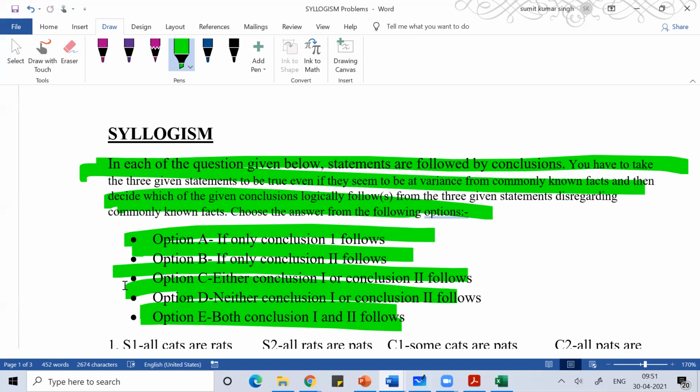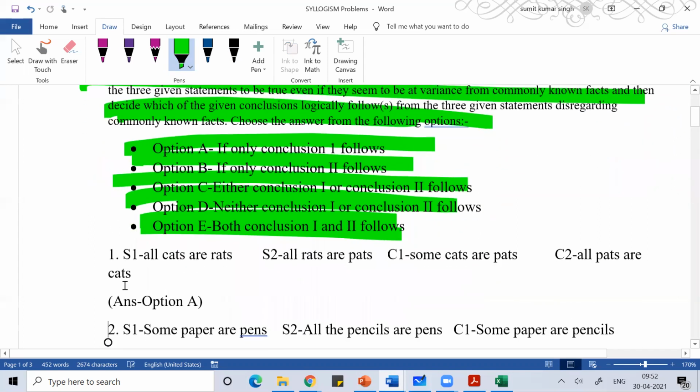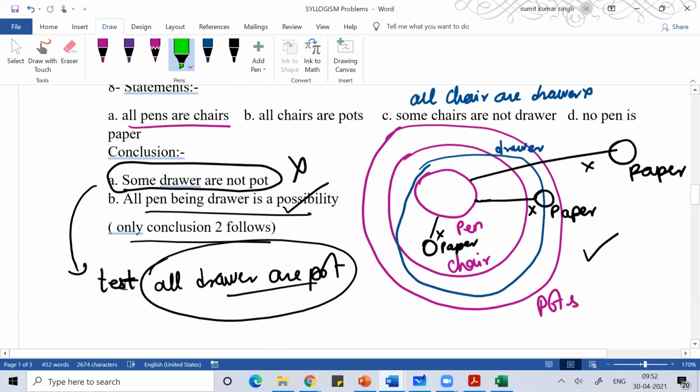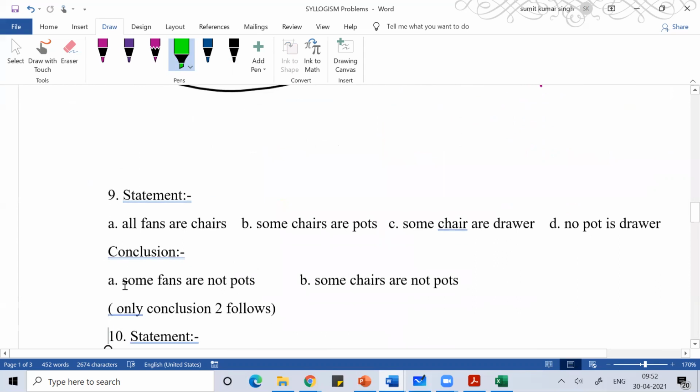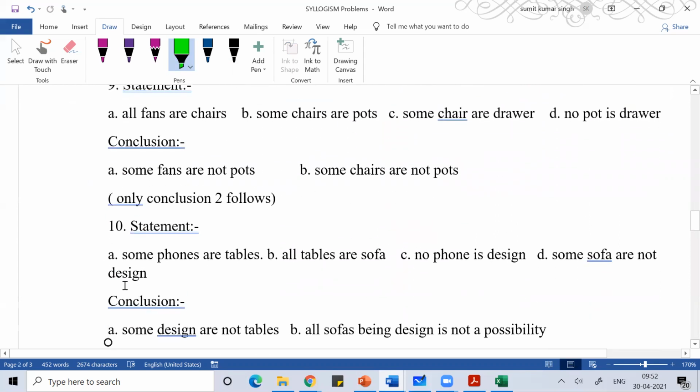Or if there are 4 options, then they'll change the options accordingly. So read the options very clearly. Option A means what, option B means what, option C means what, option D means what, and accordingly you can choose your option. For this kind of syllogism, deductive reasoning or data sufficiency, you need to make sure what option 1 means, what option 2 means, A, B, C, D, what that means. You can read them and understand.